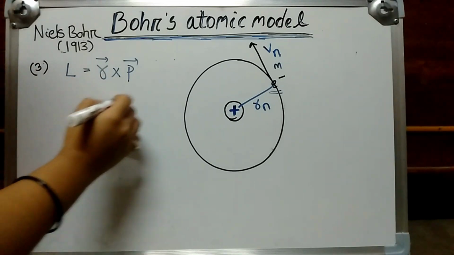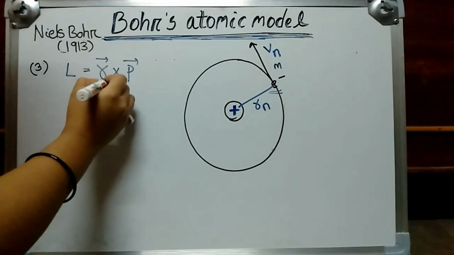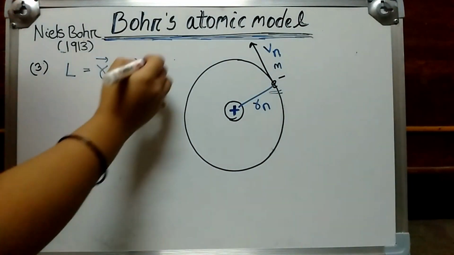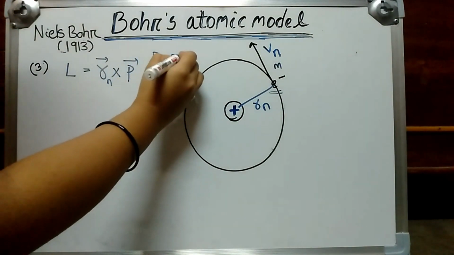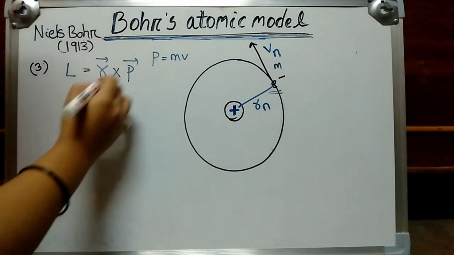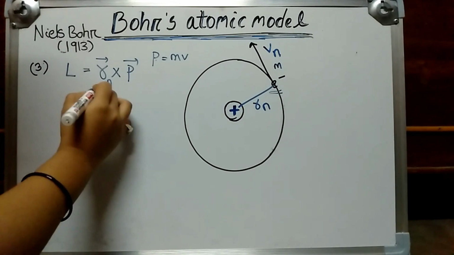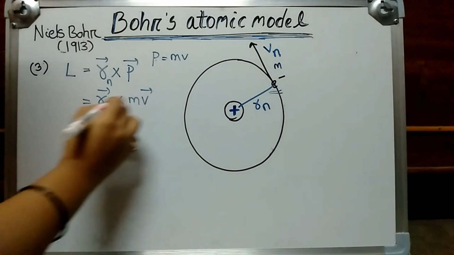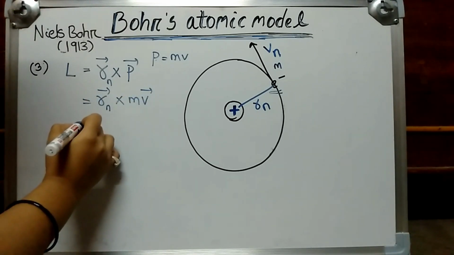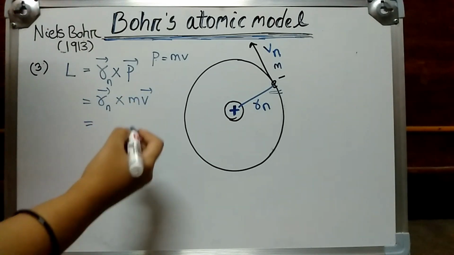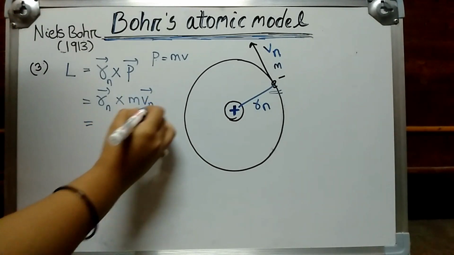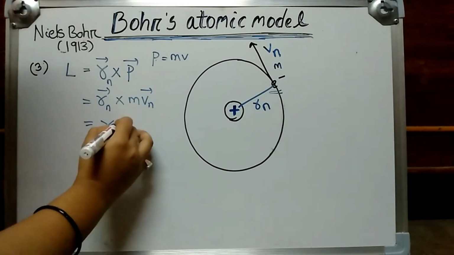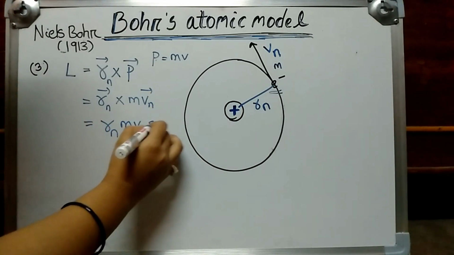So what is the position vector? Here the position vector is Rn, and the momentum is P. Momentum equals mv, mass into velocity. So put that value, Rn into mv. As we take the vector product, A cross B equals AB sin theta. So here it is Rn mvn sin theta.